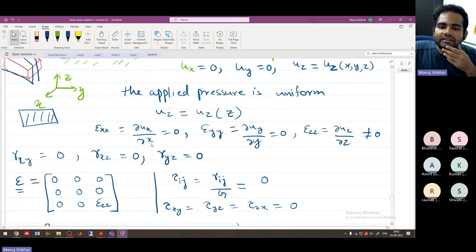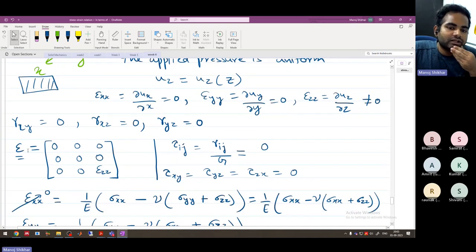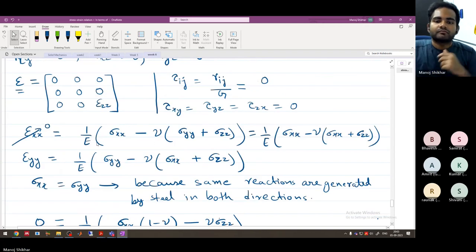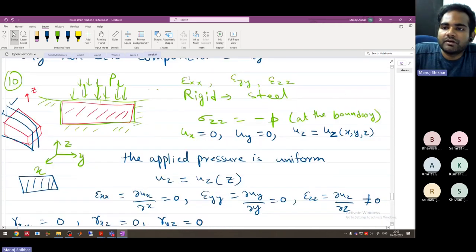Now we found all these epsilons and gammas, and we came to know that our strain matrix has only the epsilon zz component. From there, we were able to find that our shear stress components will be 0. So we solved the first part of the problem.